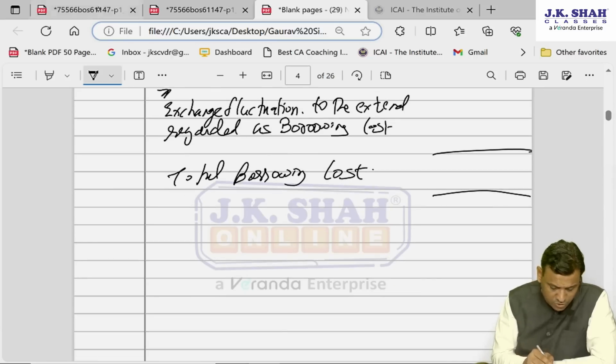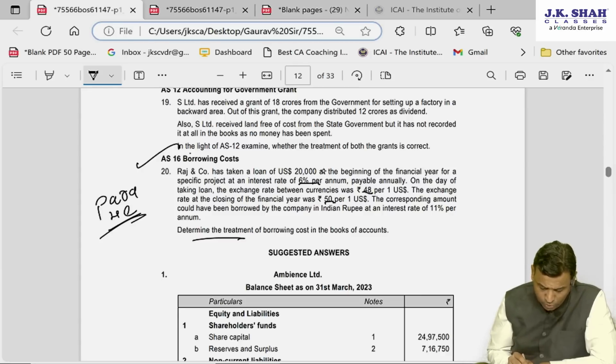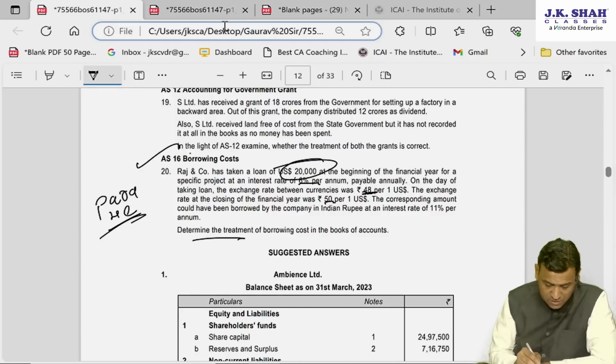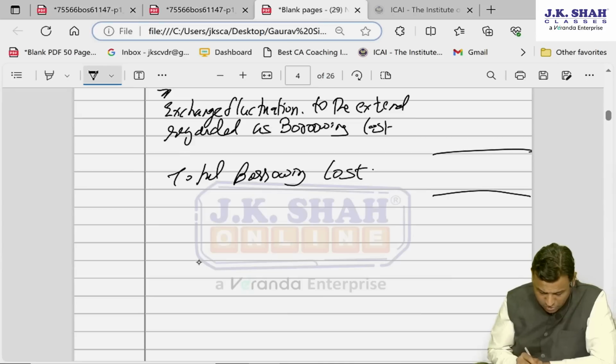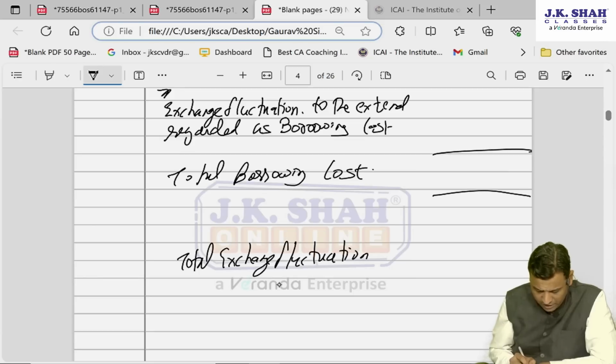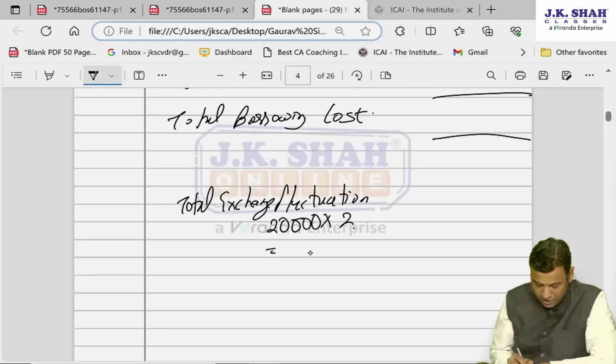Now, what is your exchange fluctuation, friends? If you look properly, your $20,000 was at 48, now it is 50. So my exchange fluctuation is 40,000. The initial recognition rate is 48. The subsequent recognition rate is 50. So exchange fluctuation is 40,000.